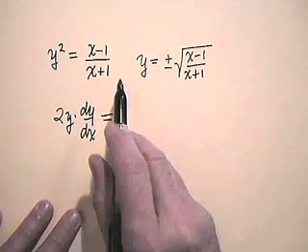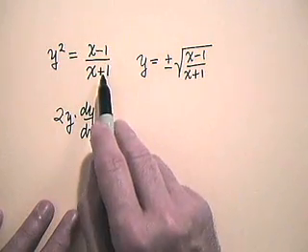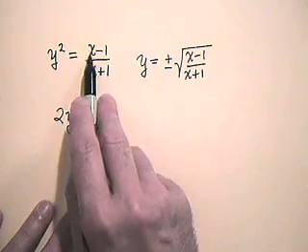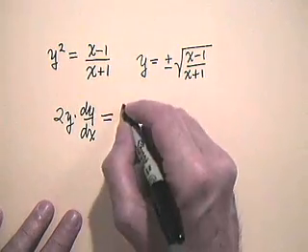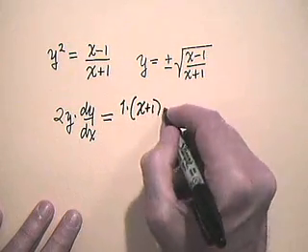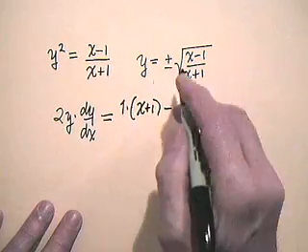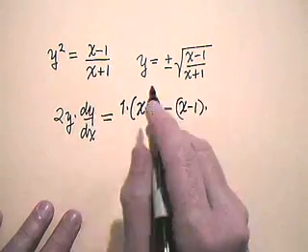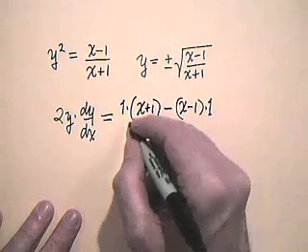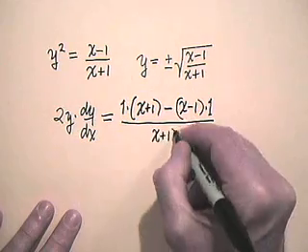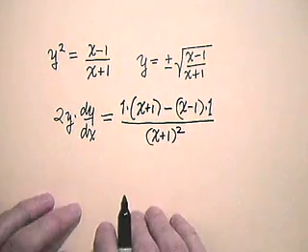That's equal to the derivative of the right-hand side with respect to x. There we just use the quotient rule. The derivative of the numerator is 1 times the denominator, minus, and now copy the numerator and multiply by the derivative of the denominator, which is clearly just 1. And then remember to divide by the square of the denominator.